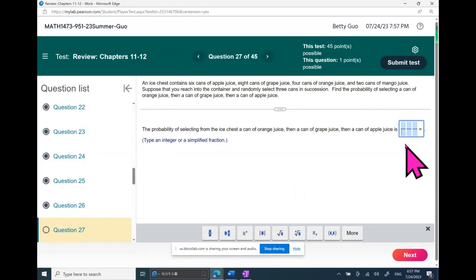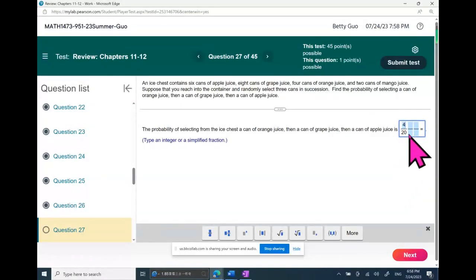You have 20 in total, right? Let me double check, especially when the numbers are written in words. 6 plus 8, 14. 14 plus 4, 18. 18 plus 2, 20. So the first time you get a can of orange, among the 20 cans, how many of them are orange? 4 cans are orange. So here's 4.